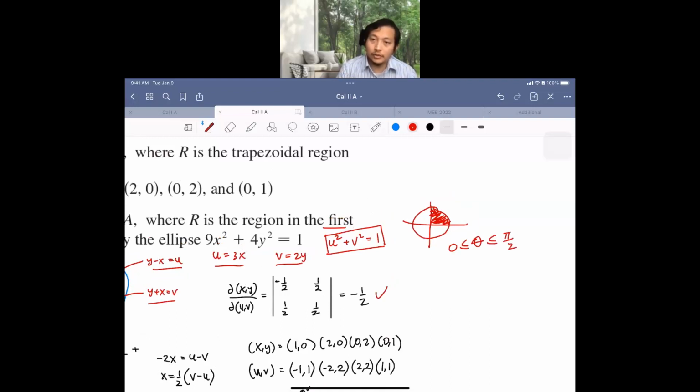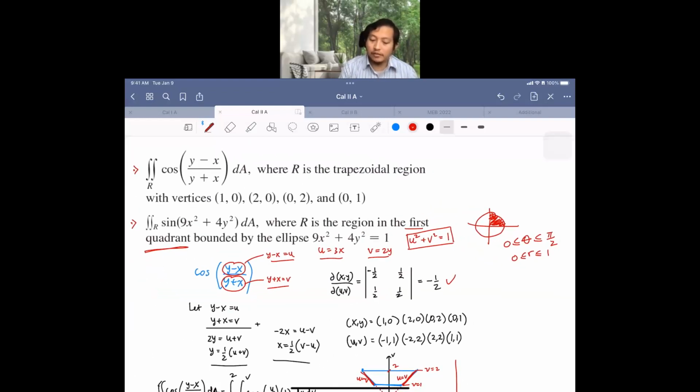So later on, you can convert to polar, taking theta from 0 to pi/2 and r from 0 to 1. Okay, I think you can finish off what I have given for this part, and do some calculations. I think it's not too difficult to check, right?